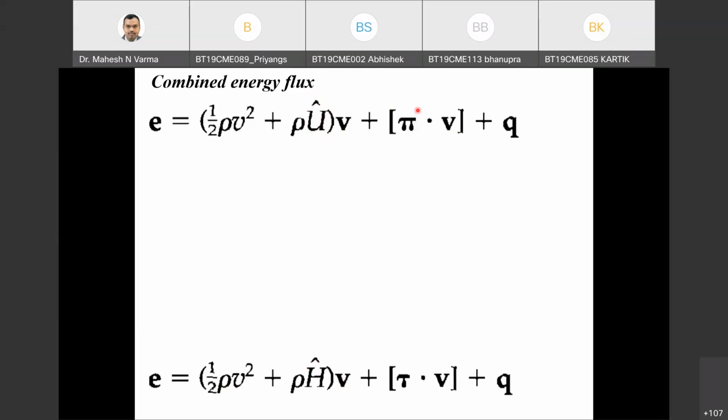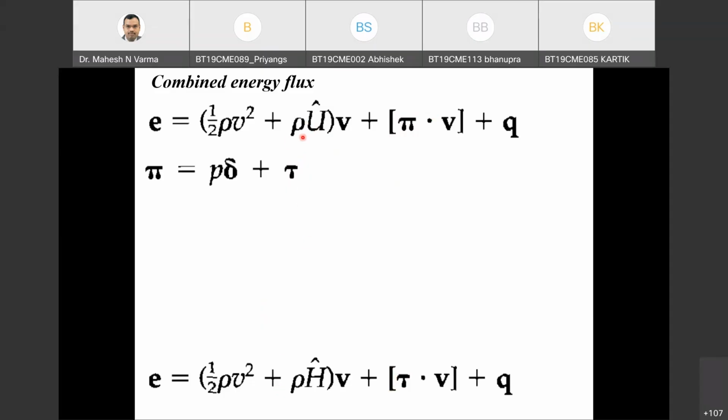You can see this is the total molecular flux, which consists of two components: a molecular flux because of pressure forces, and a molecular flux because of viscous forces. Tau is the molecular flux because of viscous forces, and the molecular flux because of pressure forces will be added to the internal energy to get enthalpy. Okay, so can you try this? How to get this equation from this equation?